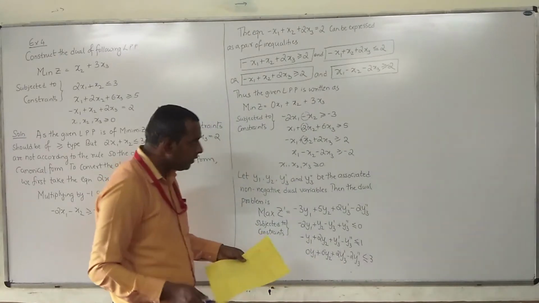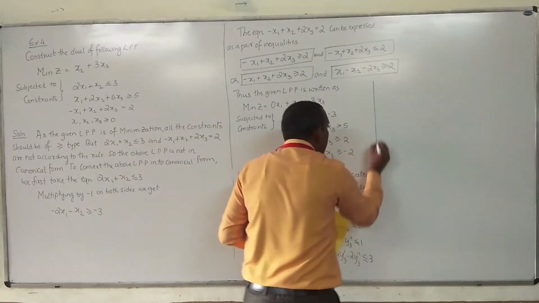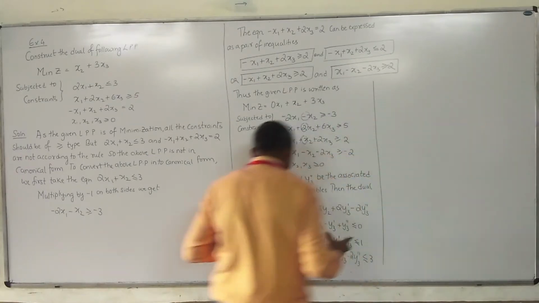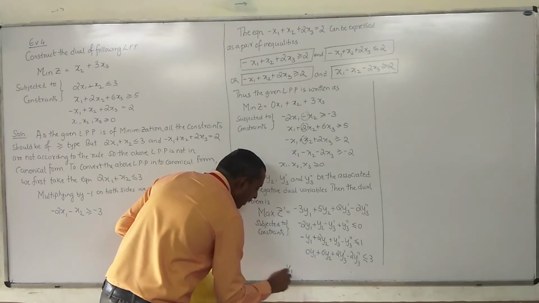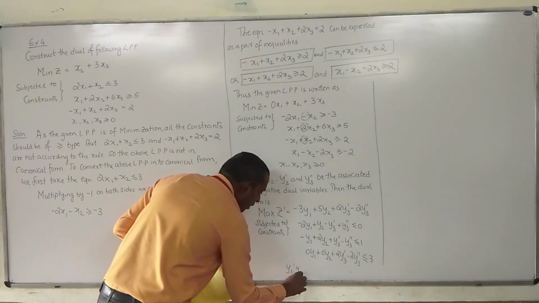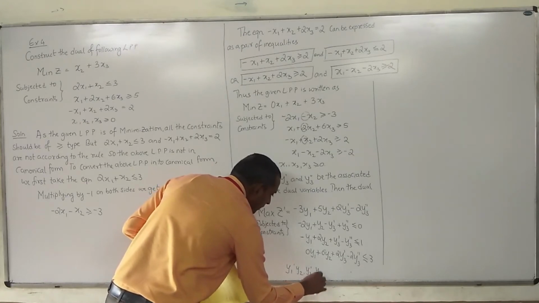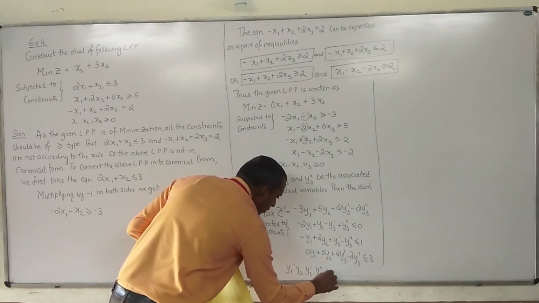Fine. Continuing here only, whereas y1, y2, y3 dash, y3 double dash are greater than or equal to 0.